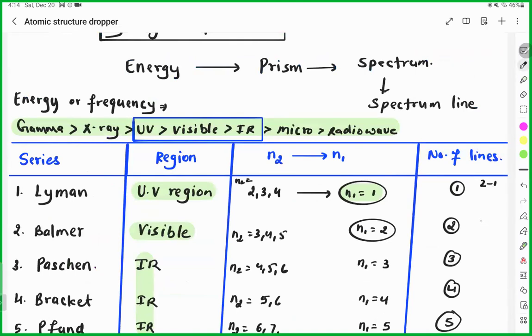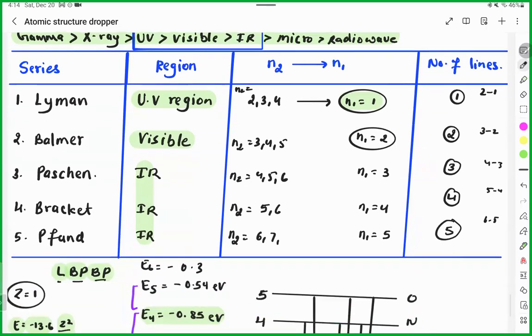Understood? We get two lines if it is coming from 3 to 2, like this. If it is coming from 4 to 3, 5 to 4, and 6 to 5. Any doubt? Sir, it should come to 1. In Lyman series, it should come to 1, but here when we say number of lines, in this series we are considering only from 2 to 1. Only then we get it.